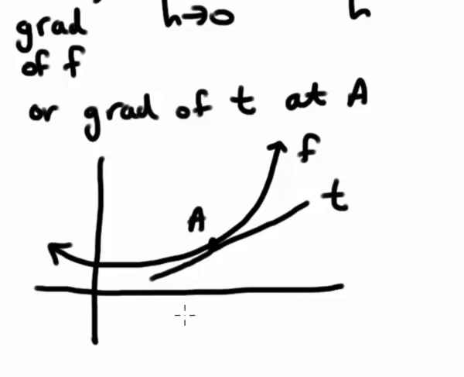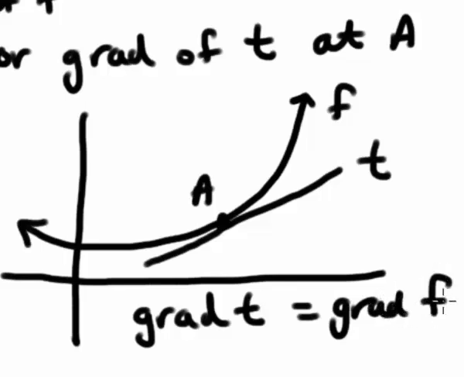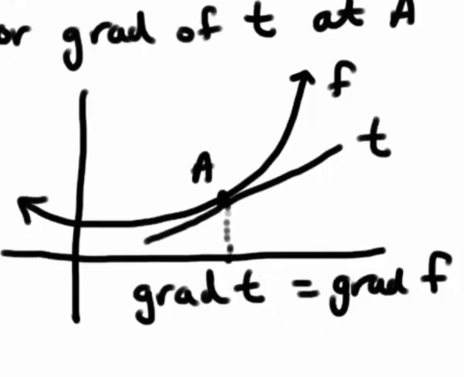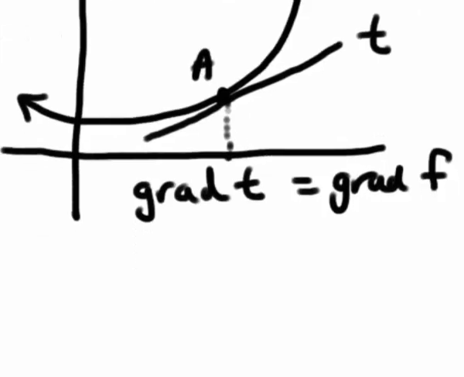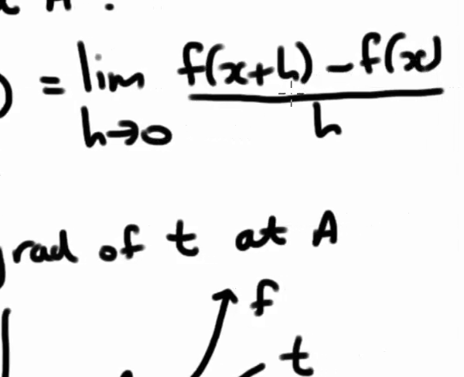The gradient of the tangent is equal to the gradient of the curve at that point A, and the way we determine the gradient of the tangent, which is the gradient of the curve, is to work out this limit, this formula. Limit as h approaches naught, f(x plus h) minus f(x) over h.